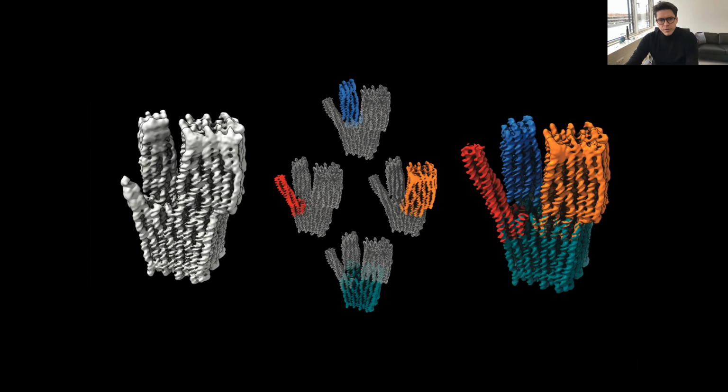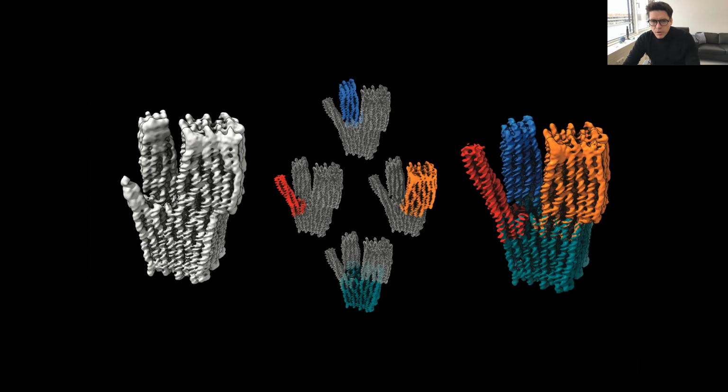Here, for example, you have 4 domains: the blue one, the red one, the green one, and this orange one. We do separate refinements and reconstructions focusing on these domains, and then we recombine them into a bigger map. We call it a Frankenstein map because it's patched together.